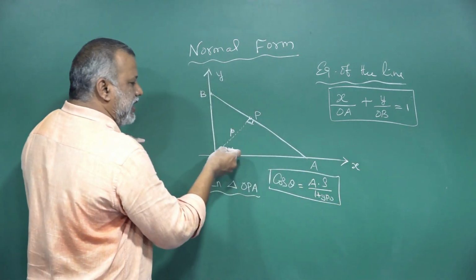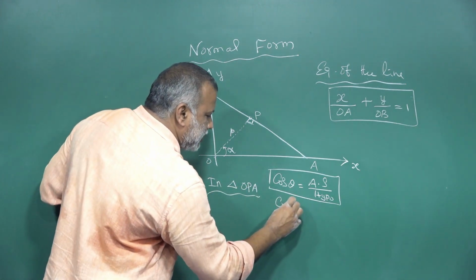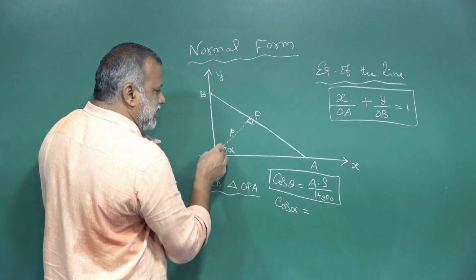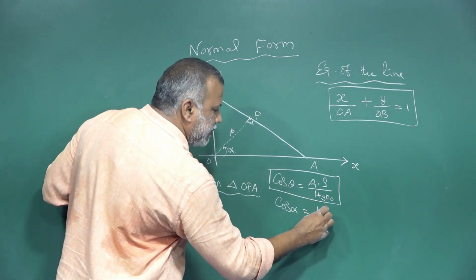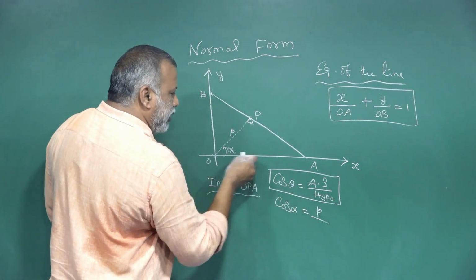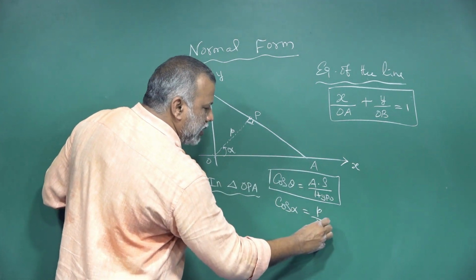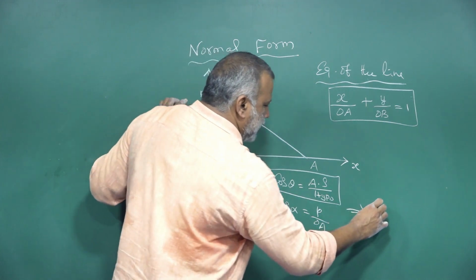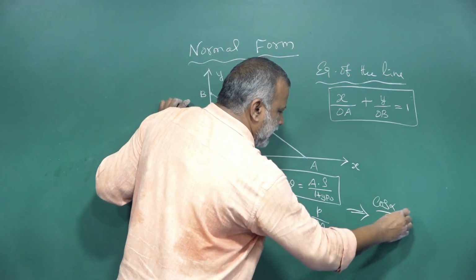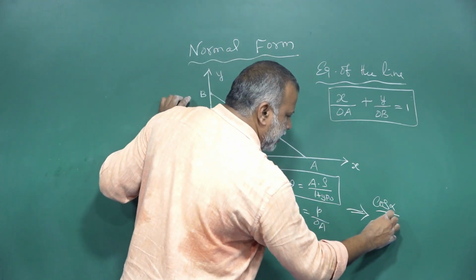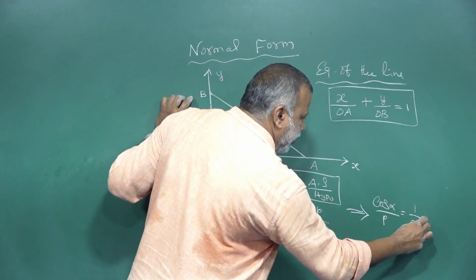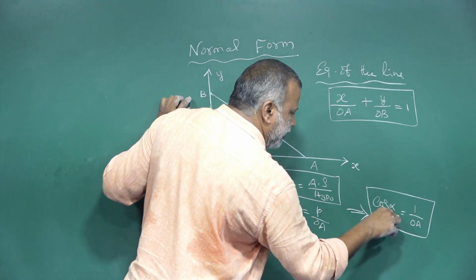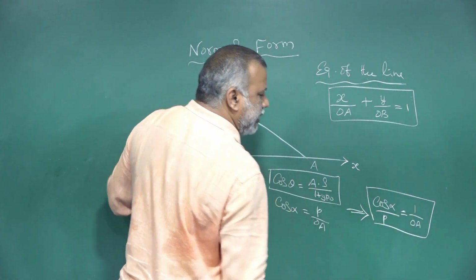But instead of theta we are having alpha, so cos alpha is equal to, see, this is adjacent side, its value is P, divided by hypotenuse OA. So I can relate this one: cos alpha divided by P is equal to 1 by OA.